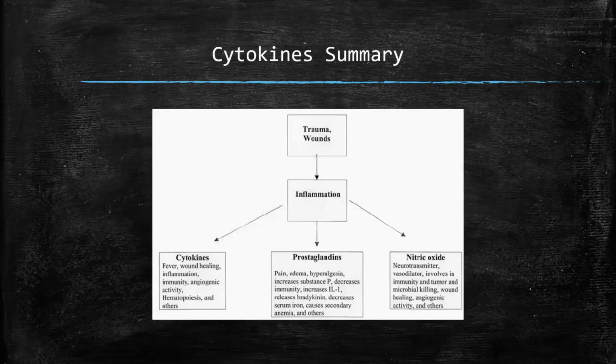And this just sums up the cytokine situation. The inflammatory response is clearly important after injury. And there are innumerable agents. We've mentioned a few of the cytokines and nitric oxide. I didn't talk about prostaglandins, but they're clearly part of this process as well. There's just a tremendous amount of bench research going into understanding these processes.